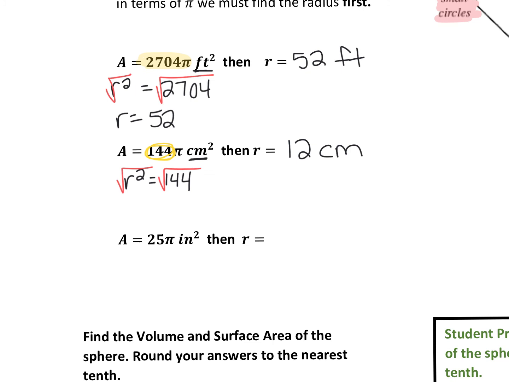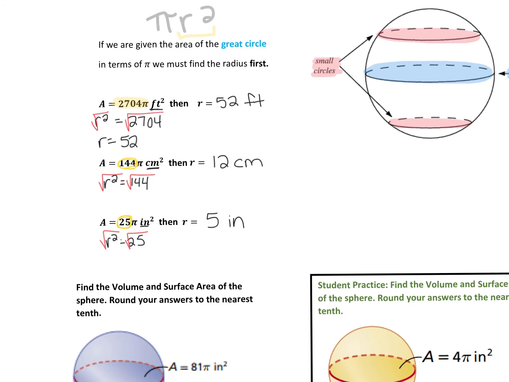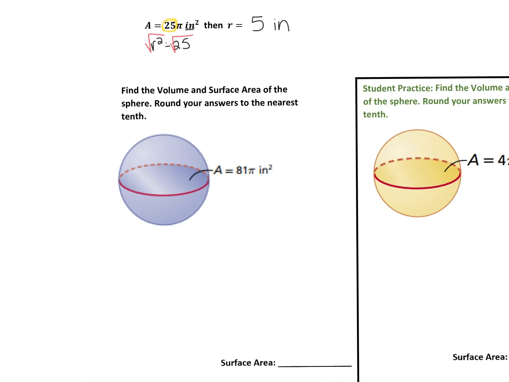This last one you might even be able to do in your head. Looking at the number, it's in terms of pi, so I'm using 25. R squared equals 25. Take the square root of both sides. R is going to be 5, and my units is inches. Okay. So we need to go ahead and use that concept as we are solving for these.